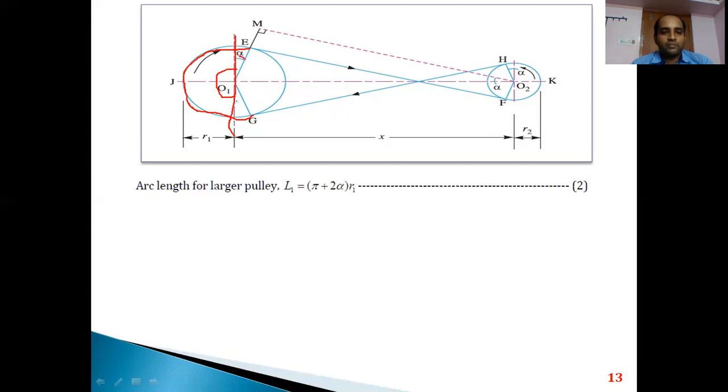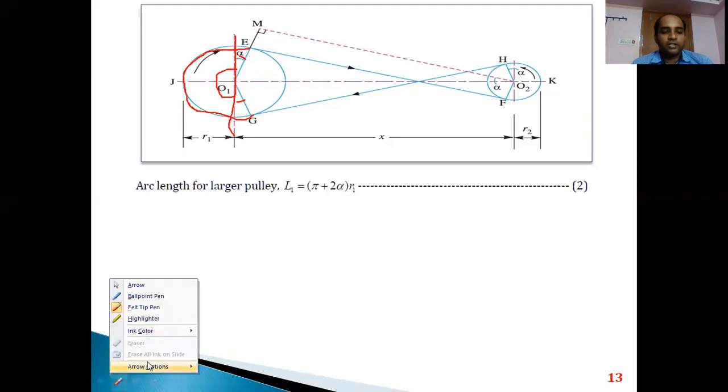The same angle alpha is present on the other side also, which means we need to calculate the angle from point G to point E, which gives the arc length. So this is 180 degrees, that is pi, plus alpha plus alpha. In total we get pi plus 2 alpha, multiplied by the radius R1. This is the arc length for the larger pulley.